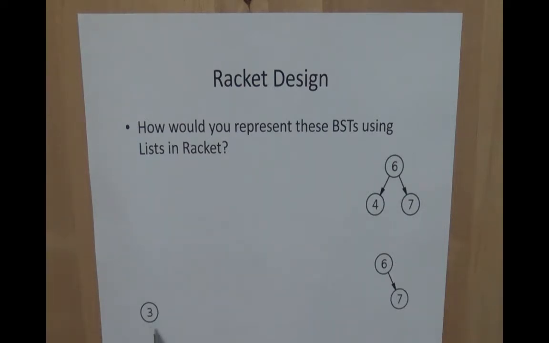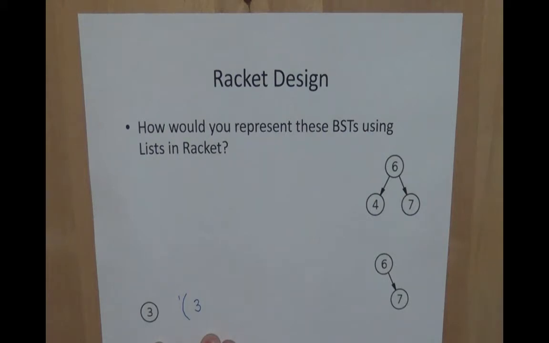Okay, let me talk you through how I think about it. I'll start with the simplest node. So that's just a simple tree that has one node in it. I'm going to represent that using a list where the first thing in that list is the element. So it's that key for my node. And then I'm going to have a 3-element list where it's the key and then the left subtree and the right subtree.